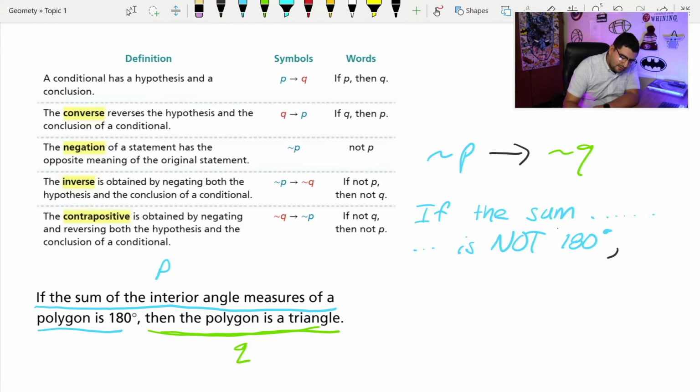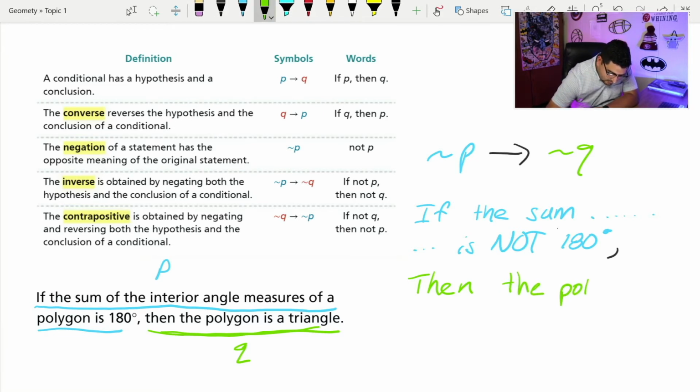I would say then the polygon is not. So again, we would negate the conclusion by also saying is not a triangle.